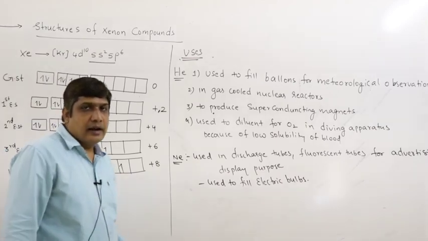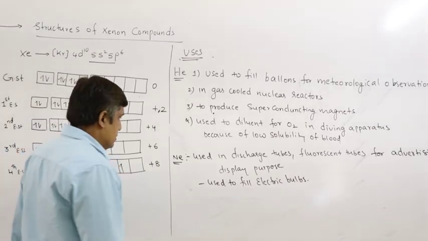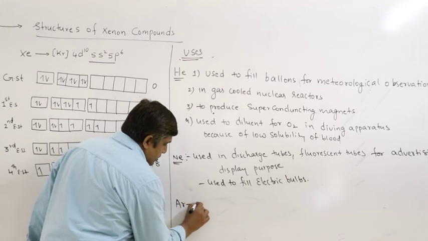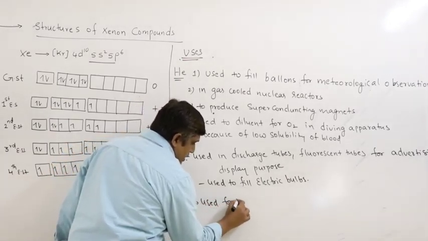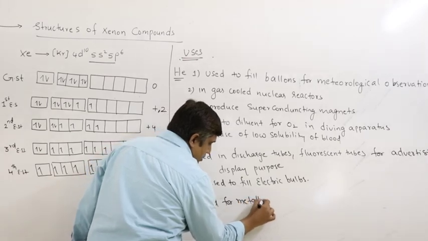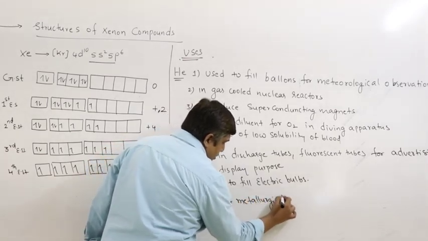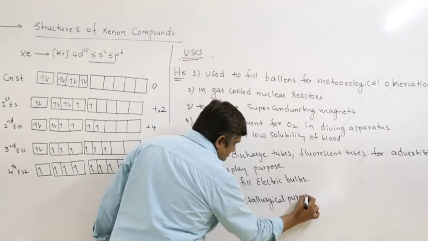Like in botanical gardens, even argon is used for metallurgical purposes, to provide inert atmosphere.